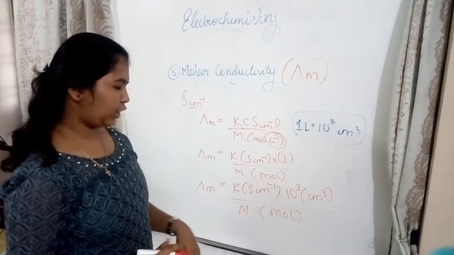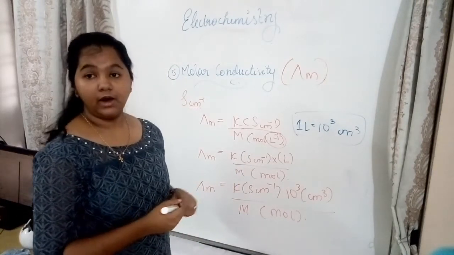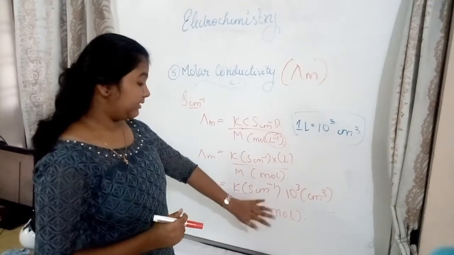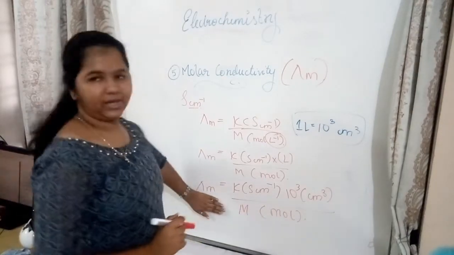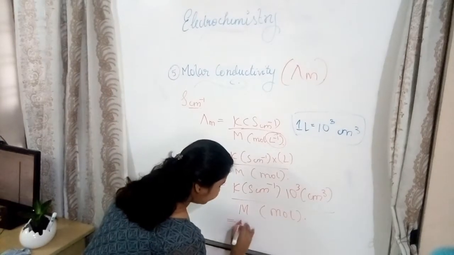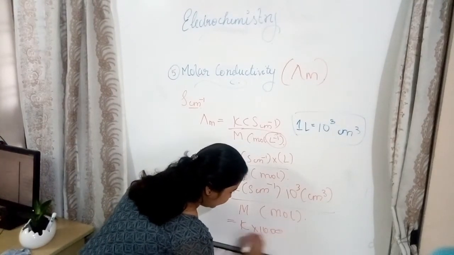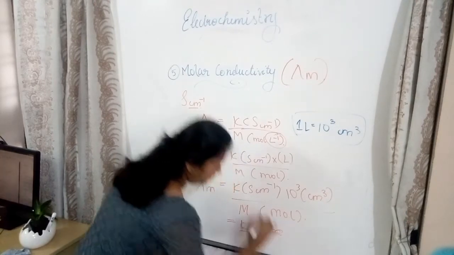So now our equation is ready. Now we have to find out the SI unit of molar conductivity also. This equation will be simplified as kappa into 1000 divided by molarity.